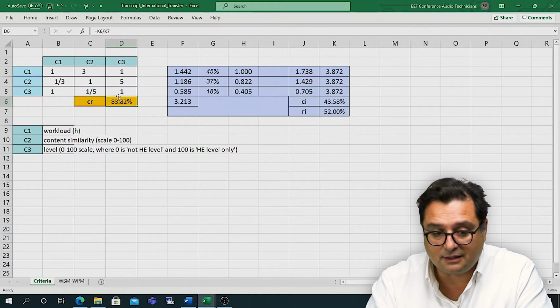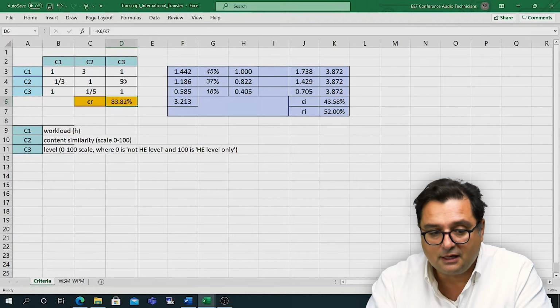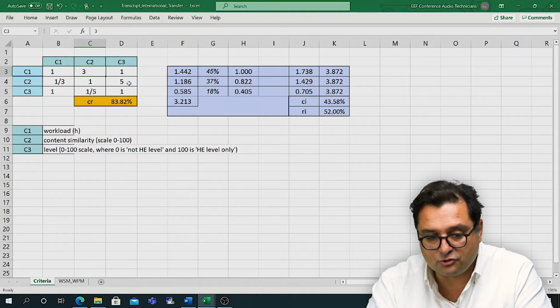That means that our judgment is somehow wrong. Why? Because C1 is 3 times more important than C2. C1 is equally important with C3. However, C2, as you can see here, is 5 times more important than C3. So either this value here or this value here should change.